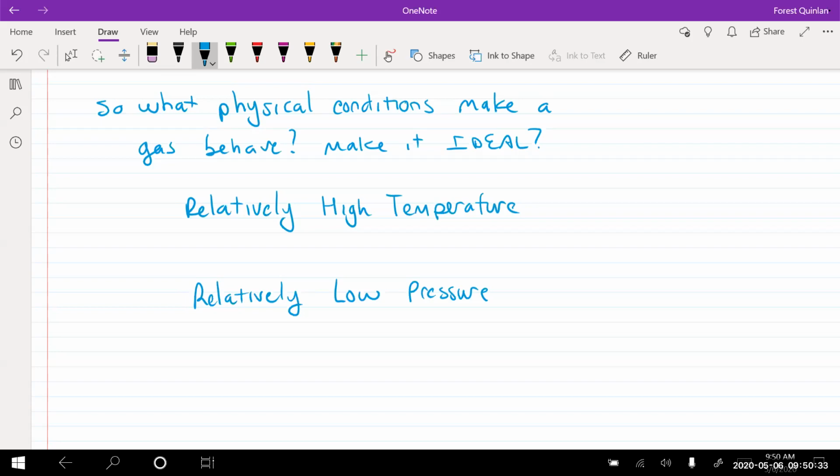And remember, eventually you can get it cold enough. You can make liquid carbon dioxide. You can even get it down to be a solid. But the further you get away from that relatively high temperature, the more it'll stop behaving. The gases that we talk about here, and the only ones we will, are the ones that will behave, the ones we're familiar with: helium, hydrogen, carbon dioxide, water vapor, you name it.